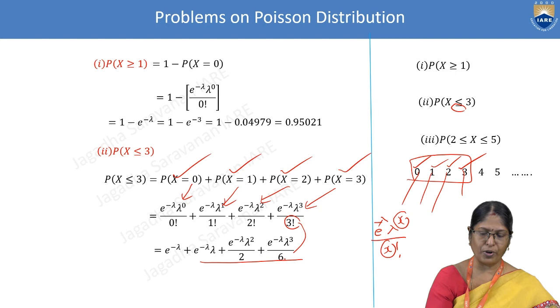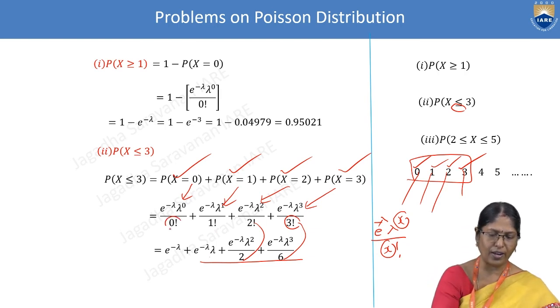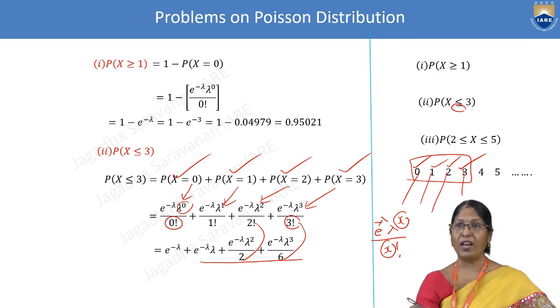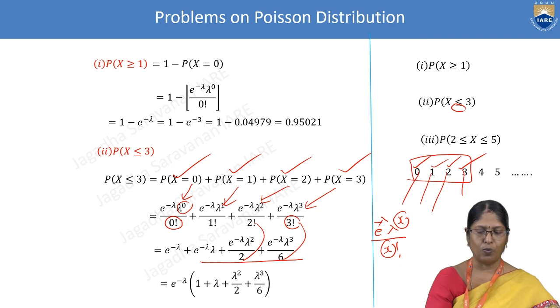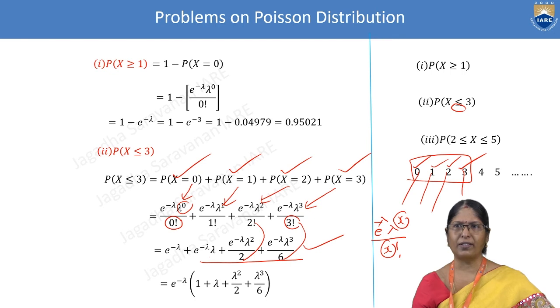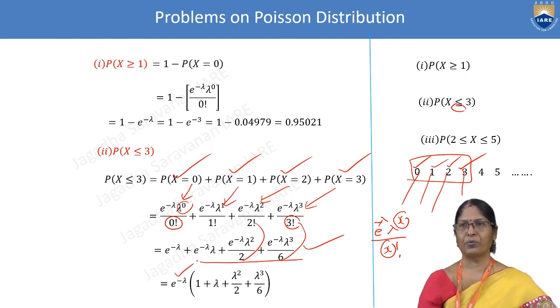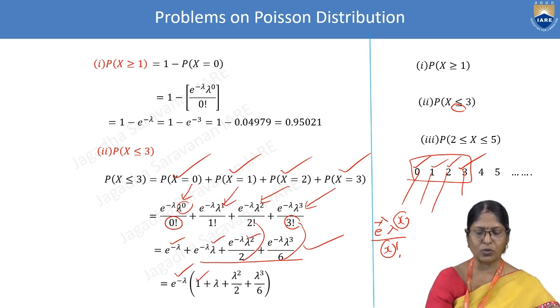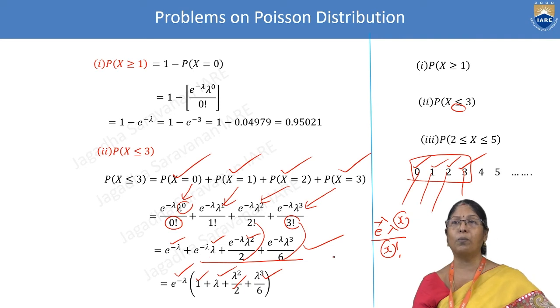Here 3 factorial we put as 6, 2 factorial as 2, 1 factorial is 1 so it is not written, and 0 factorial is 1. Lambda power 0 is 1. So we simplified, and the factorial values are also written. Now we notice that in all 4 terms e power minus lambda is there. We have taken it out. So here the balance is 1, here lambda square by 2, and here lambda cube by 6.